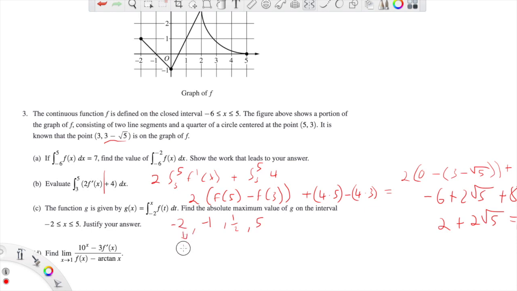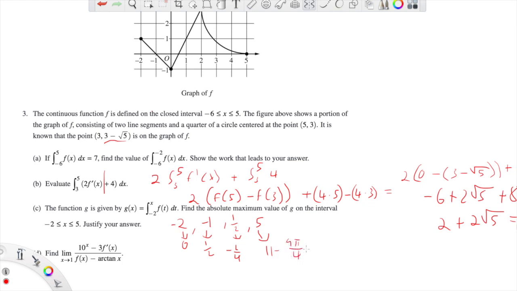The integral for x equals negative 2 is going to be 0. If x is negative 1, the integral is just going to be a half. If x is equal to a half, it's going to be 1/2 minus 1/2, and then minus 1/4, so it's just going to be negative 1/4. And so looking at x equals 5, that's going to be the integral of the entire graph, which was at least part of the answer to part A, which was 11 minus 9 pi over 4.